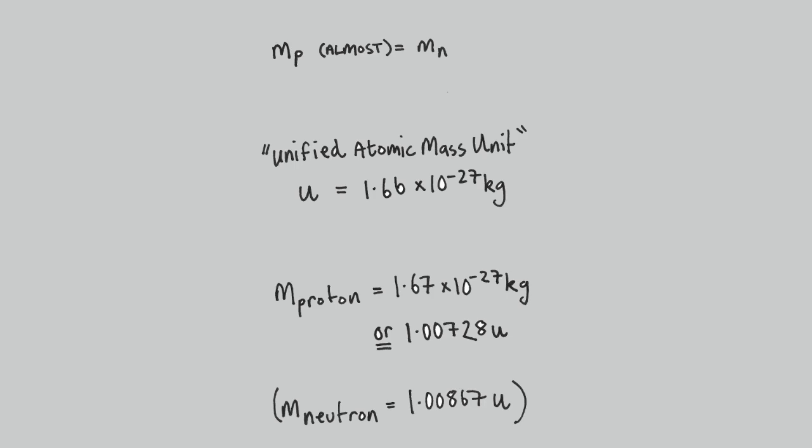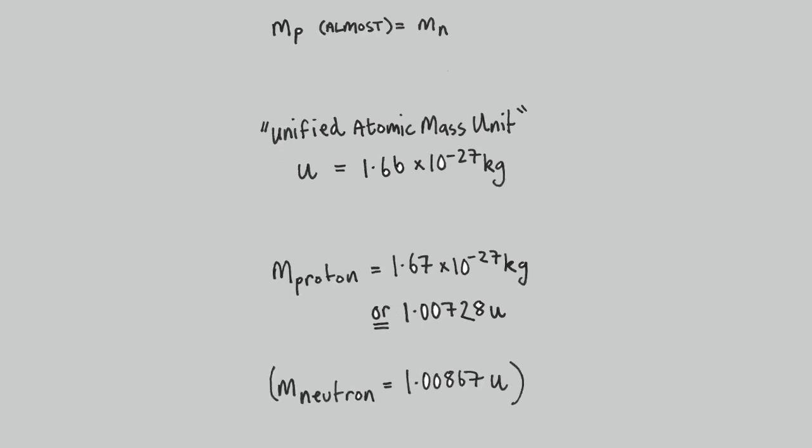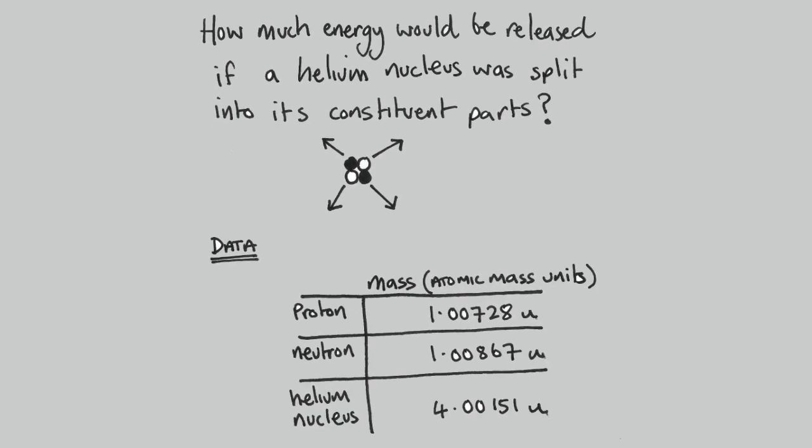So we can use this to answer questions. And in fact, this is quite a common thing on our specification. The sort of question that you might get is something like this. Let's say, how much energy would be released if a helium nucleus was split into its constituent parts?